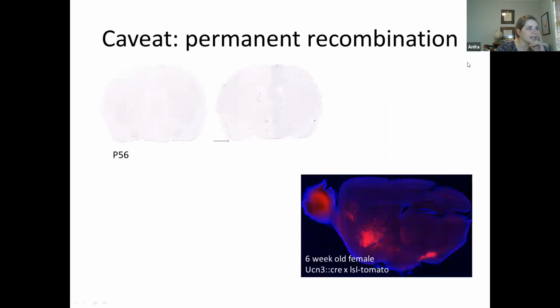So one caveat: this isn't the best example, but it's just an example from my own research. You do have permanent recombination. Imagine you're crossing an animal that expresses Cre to a reporter, in this case lox-stop-lox tomato.